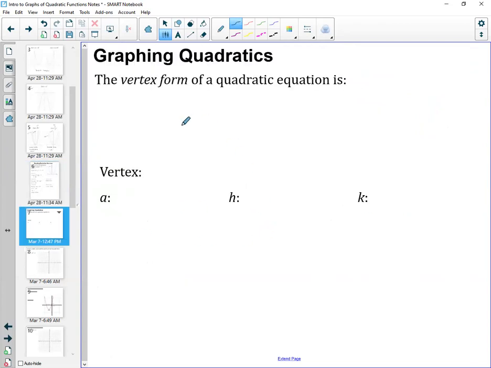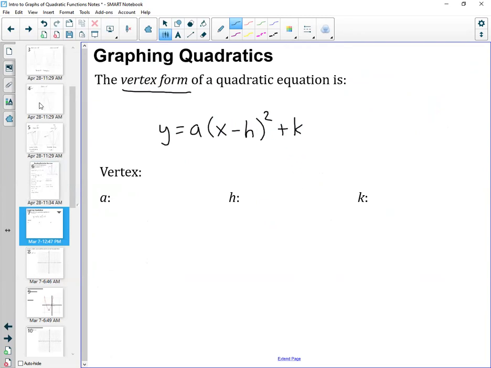We put all this stuff together in what we call the vertex form of a quadratic equation. And that looks like this. y equals a times (x minus h) squared plus k. This is called vertex form.